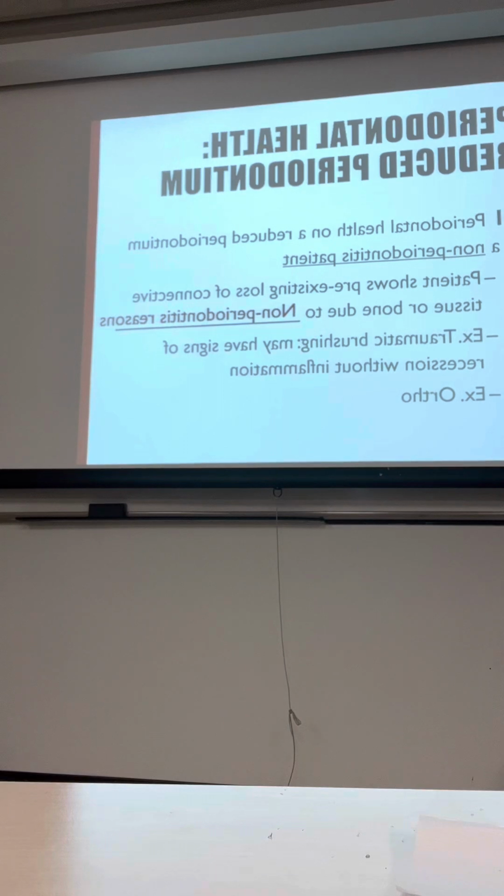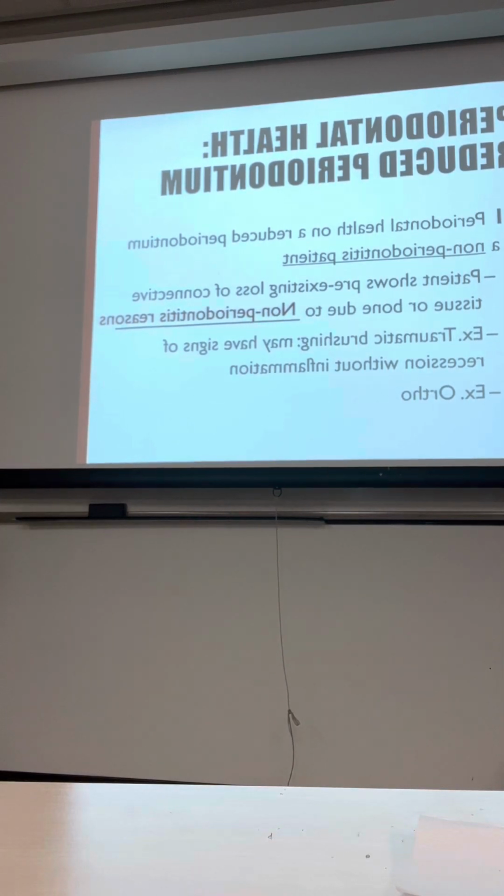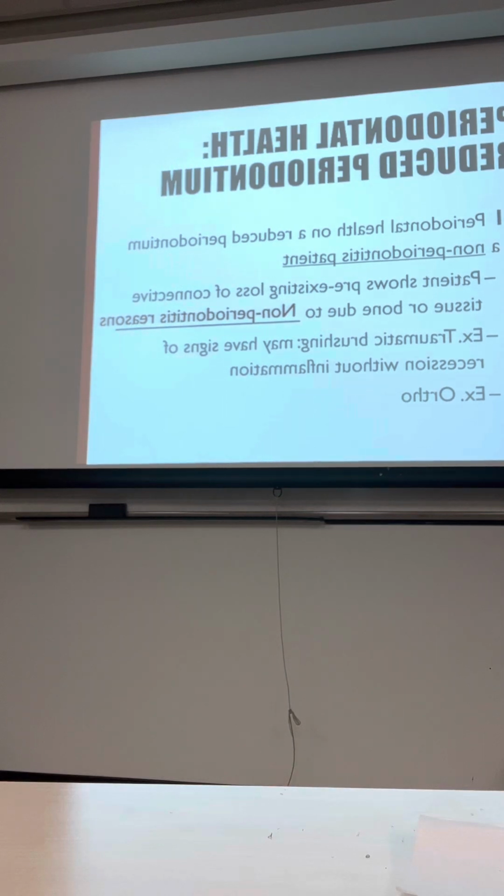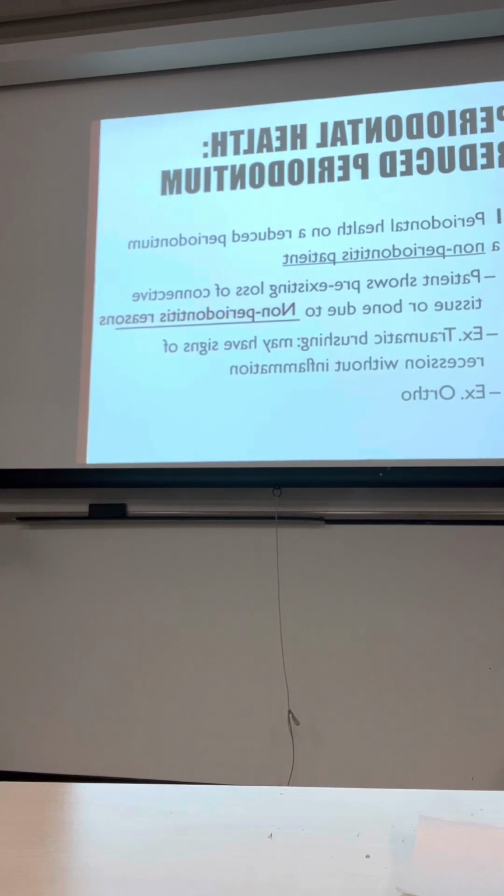On reduced periodontium, you have two situations. This is where it gets a little tricky, okay? So remember, like you guys said, with reduced periodontium they have bone loss or some type of attachment loss, right? Then we need to figure out where that bone loss is coming from. The first situation is perio health on reduced periodontium in a non-perio patient.